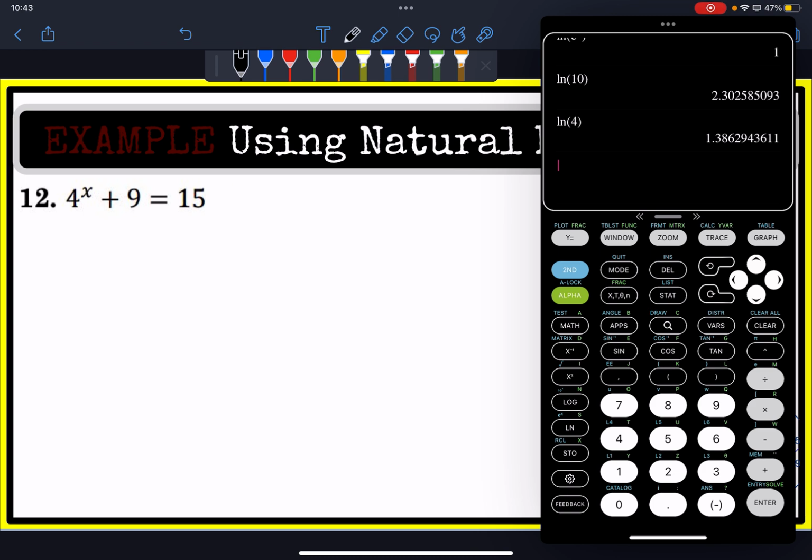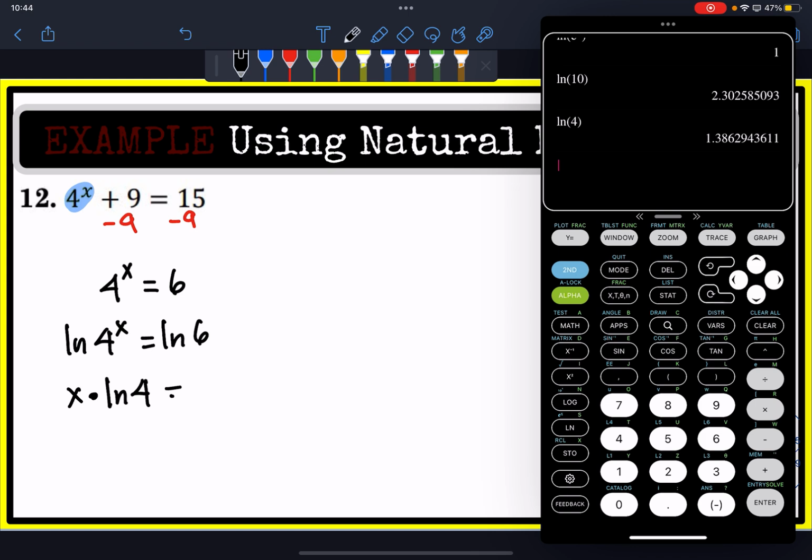Same situation here. Our next example, our exponential expression is this one right here, because obviously it has the exponent x up there, so 4 to the x power. So what we need to do is get rid of this plus 9. So since we're adding 9, the inverse operation would be to subtract 9. So 4 to the x power equals, what's that, 6? So we would then take the natural log of 4 to the x equals the natural log of 6. We end up with this.